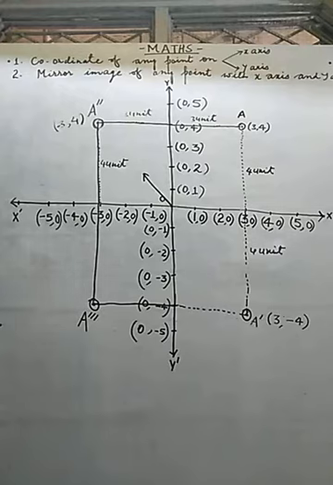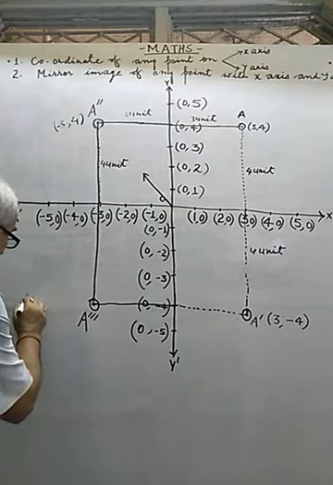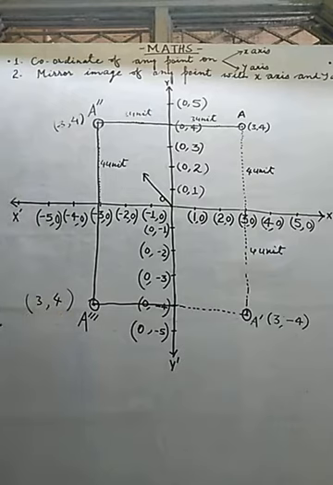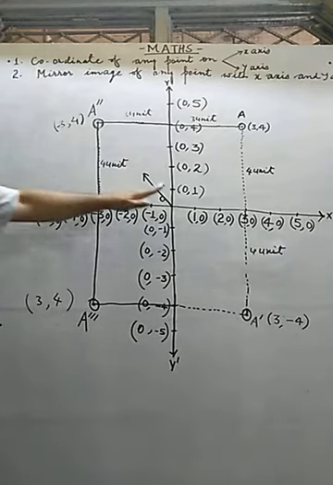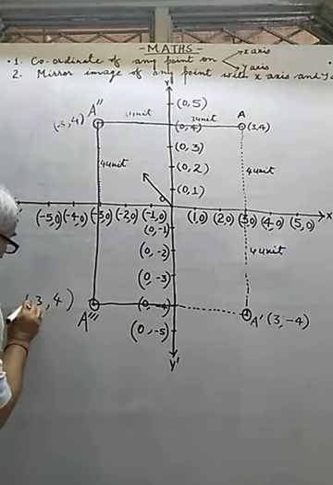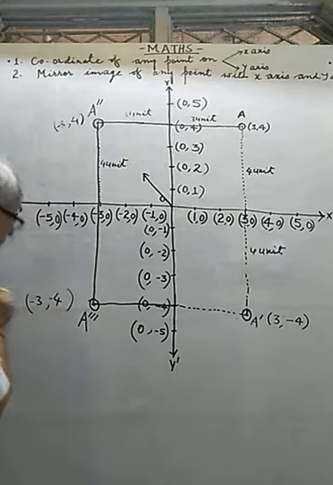So you may mark here the coordinate of this one. The magnitude is 3 and 4. We only have to decide the sign. Here see, the value of x is negative, the value of y is also negative. So what will be the sign? Both abscissa and ordinate are negative. So this one is (-3, -4).